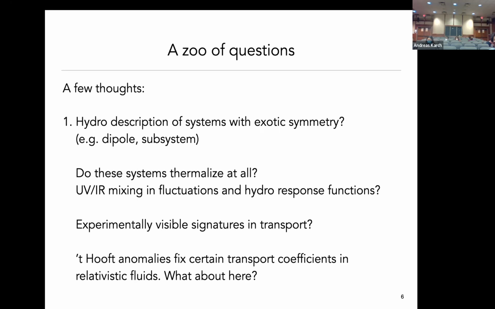That would mean that the hydro is closer to that of conventional quantum field theory, even though there's UV-IR mixing. And if they are exchanged, it's also interesting, because now you might see indications of the mixing in potentially measurable transport phenomena.